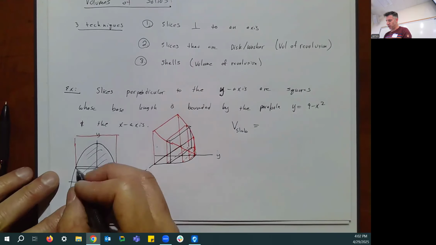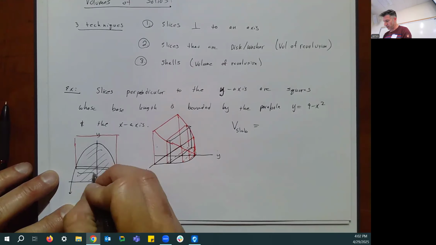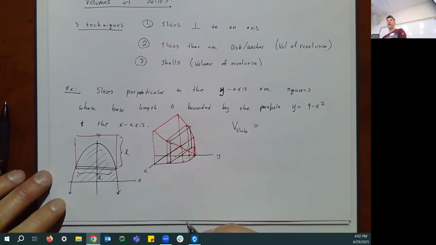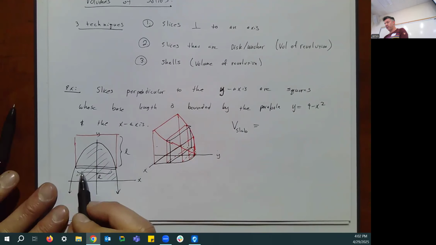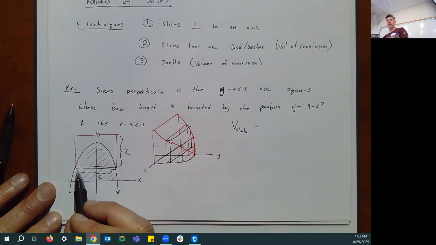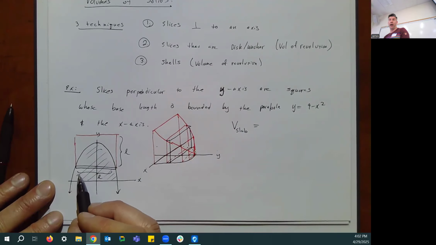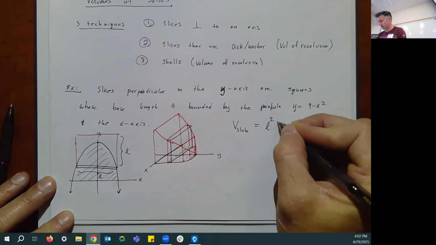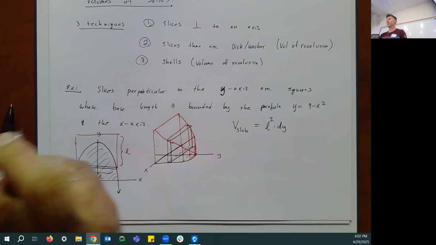And for now, let's just call the base L. The height's L. And the thickness is the thickness of my horizontal strip, which is dy. So the volume of my slab is the length times the thickness.